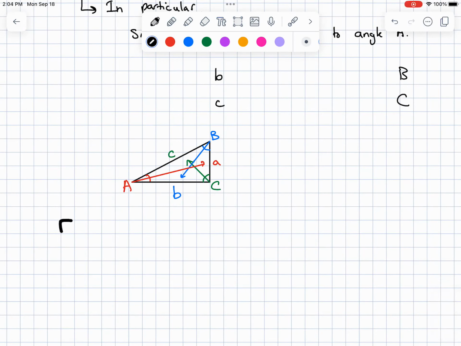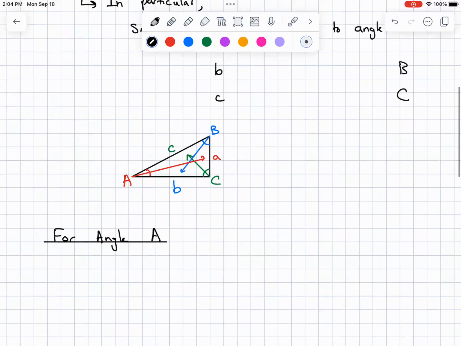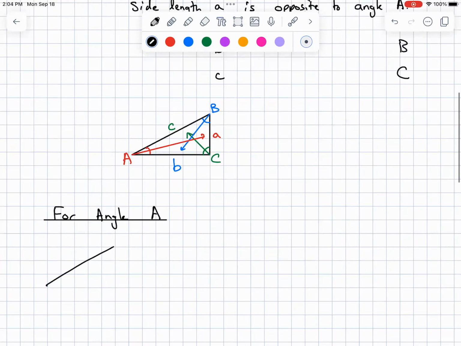For angle A, I'm going to draw this triangle again, labeling it the exact same way. A in the bottom left, B in the top right, C at the right angle.